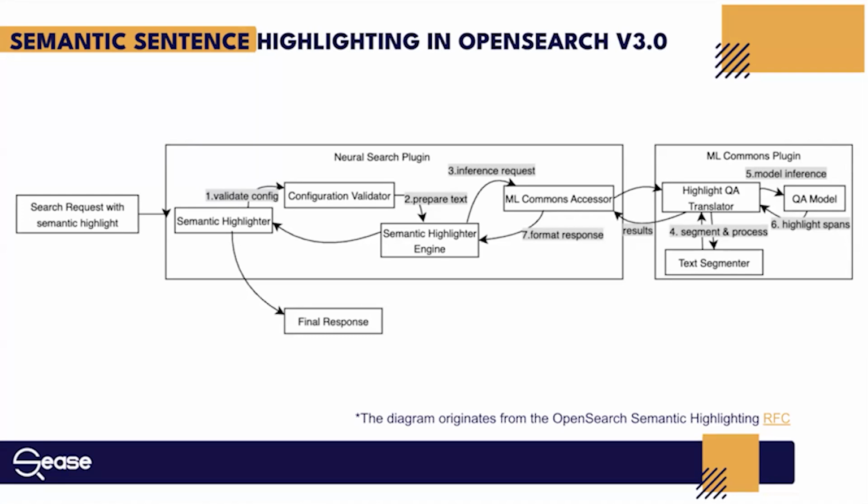Note here that the text segmentation processing happens in the ML Commons module. Once the ML Commons Successor passes these two parameters to the highlight query translator, that is passed to the text segmenter to segment the paragraph. You have the full paragraph, and it divides it into sentences, an array of sentences. It also has to check when to divide.